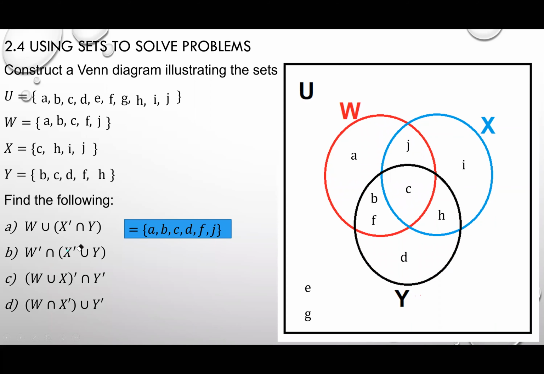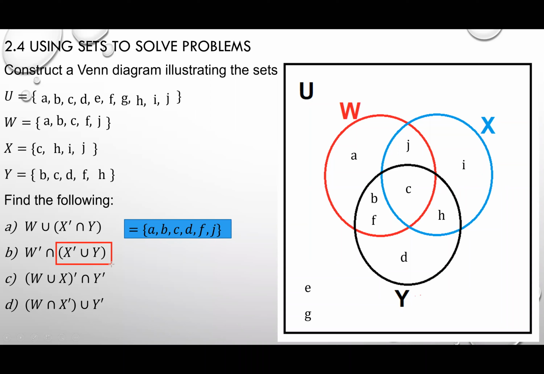So if you look at B, what do you want to do first? Well, clearly we cannot do this operation because we don't know what is outside of W, and we don't know what this item is. If there is a parenthesis, we want to work inside the parenthesis first.